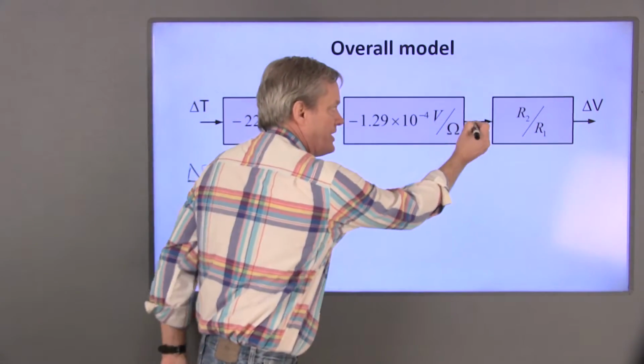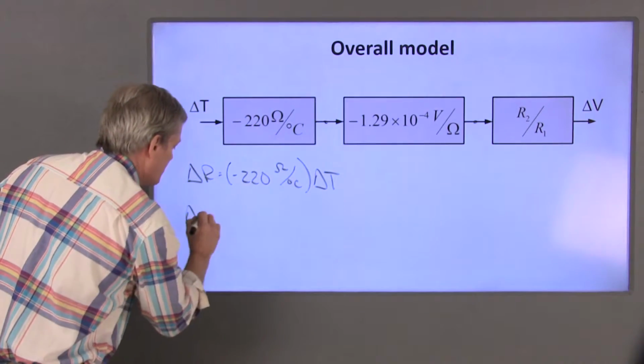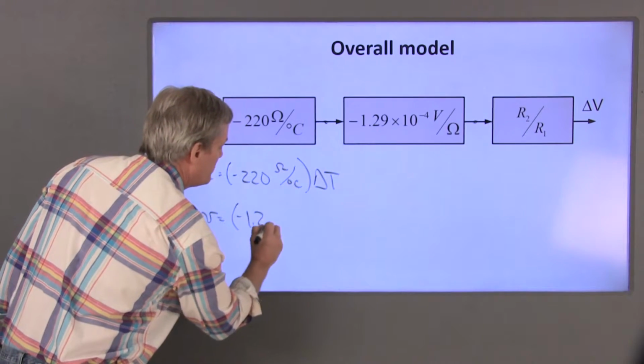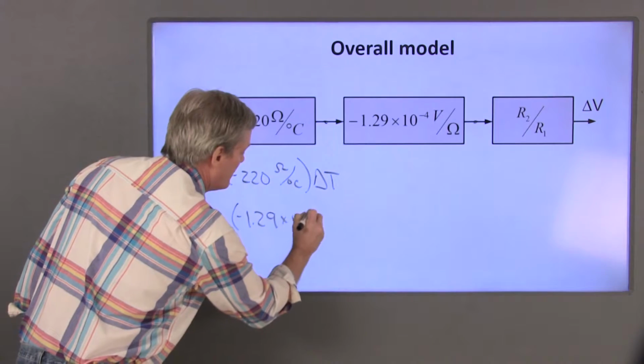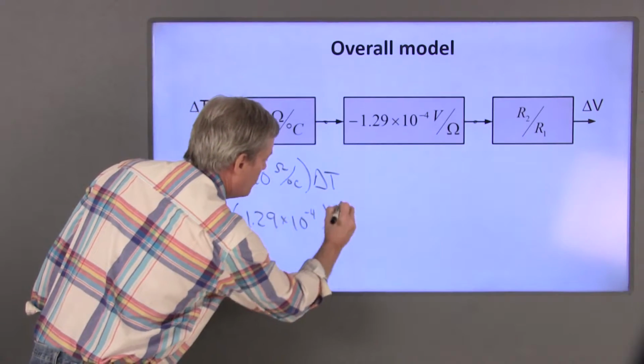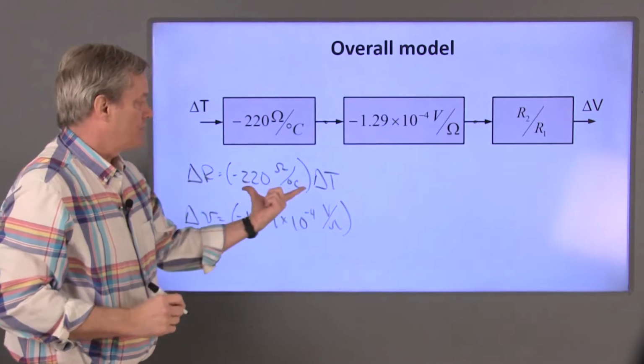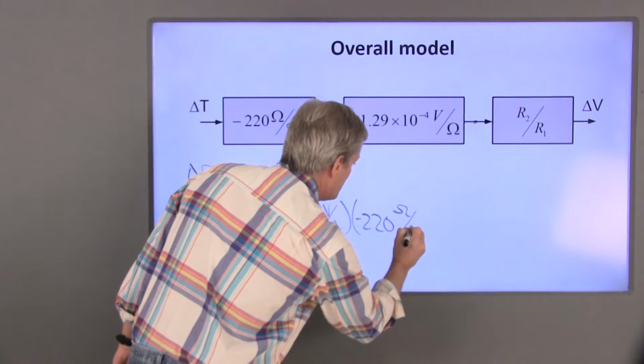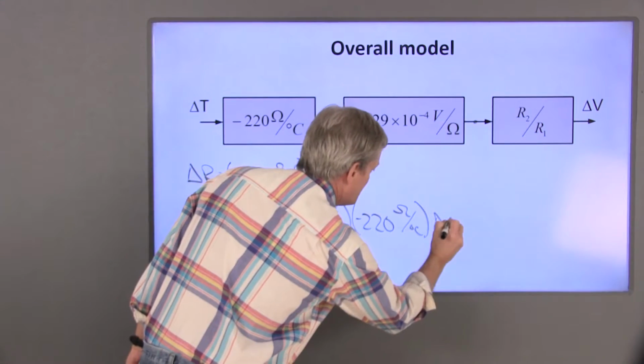This voltage change here, which I'll call delta little v, is this number, minus 1.29 times 10 to the minus 4 volts per ohm, times this resistance change, which is minus 220 ohms per degree centigrade, times the temperature change.